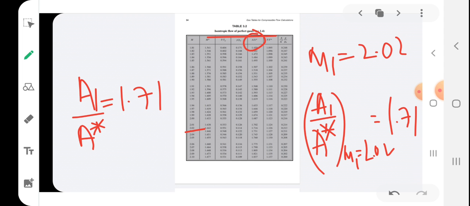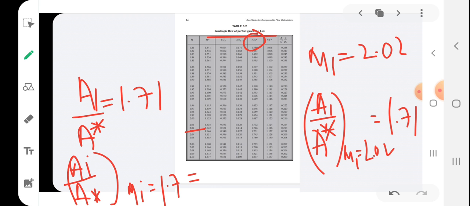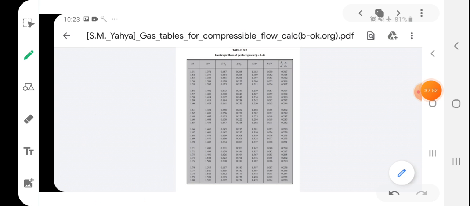Also, corresponding to the inlet Mach number Mi equal to 1.7, which is already given, A by A star corresponding to Mi equal to 1.7 can be seen on the previous page.